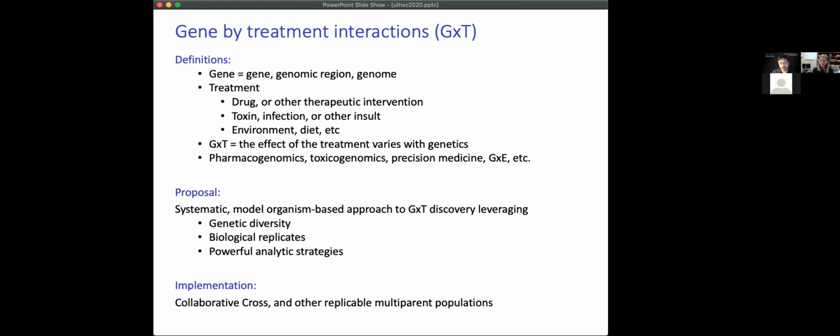The implementation that I'm going to describe is with the collaborative cross, but it also generalizes to other replicable multi-parent populations and even to other genetically distinct replicable populations.